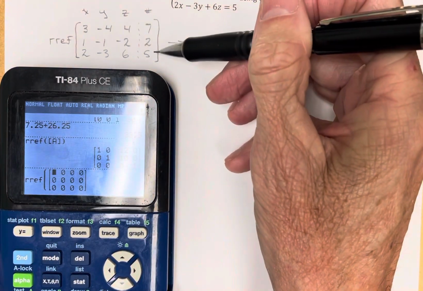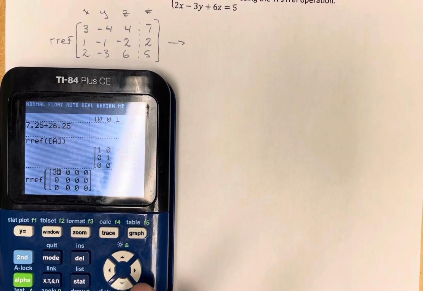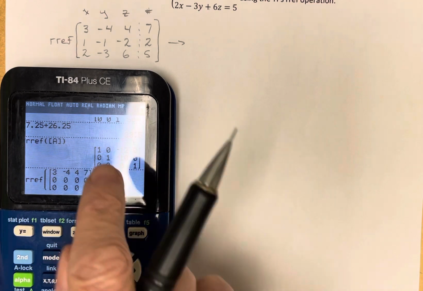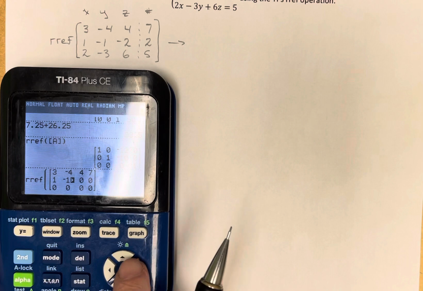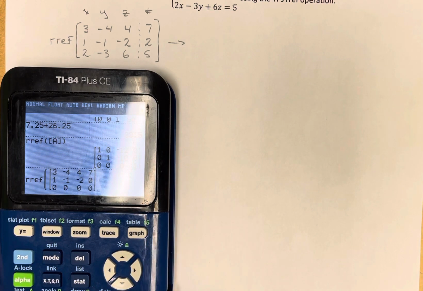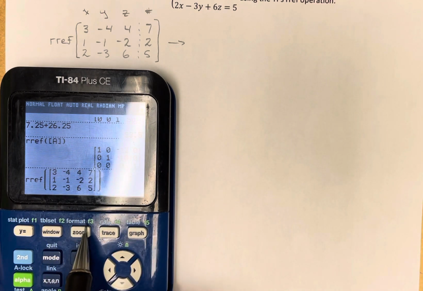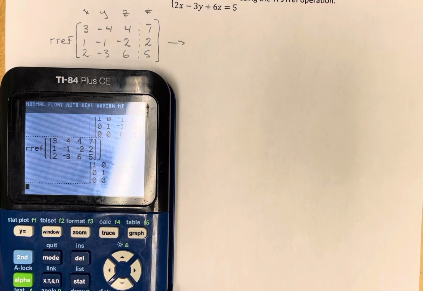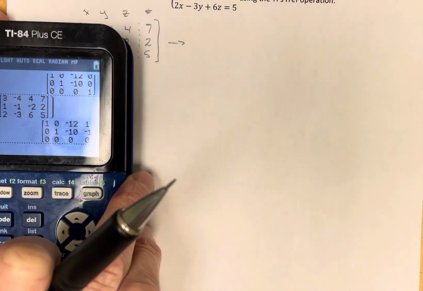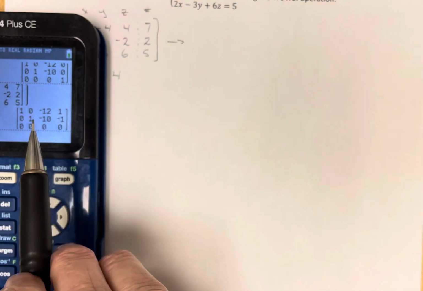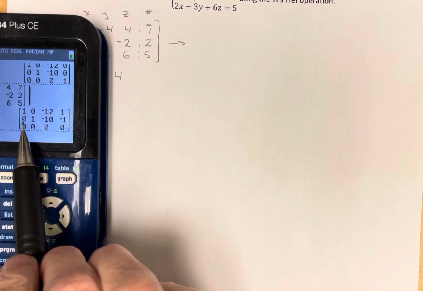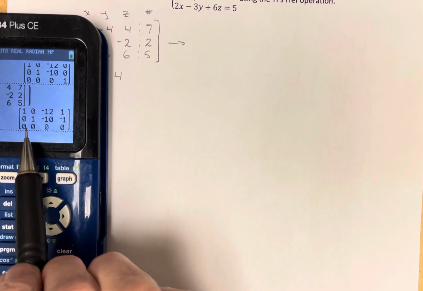And I'm going to put this data in there: 3, -4, 4, and 7, and then 1, -1, -2, and 2, and then 2, -3, 6, and 5. Close up that parenthesis. So much easier with that shortcut key, the F3 on my calculator. Press enter, and again, you probably can't see that, so let's move it over here. And what came out was 1, 0, -12, 1, 0, 1, -10, 1, 0, 0, 0, 0.